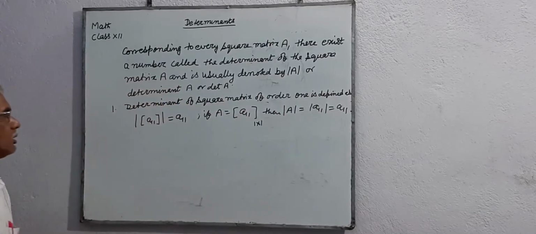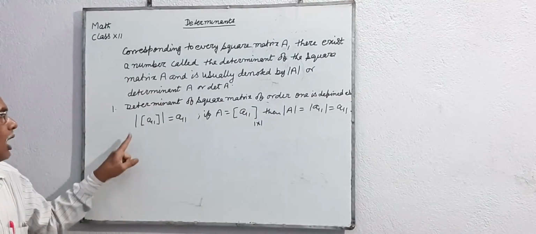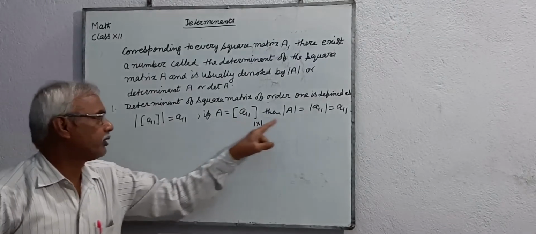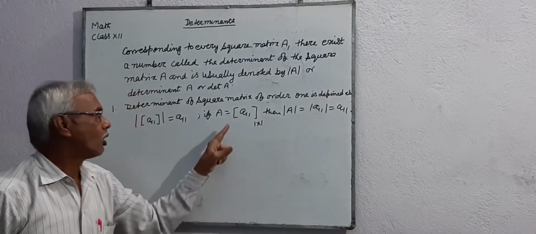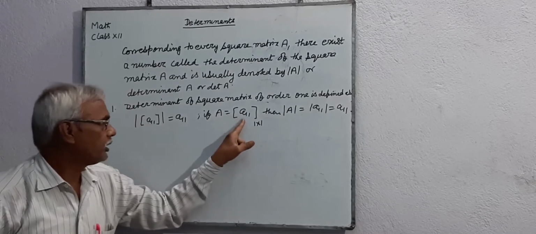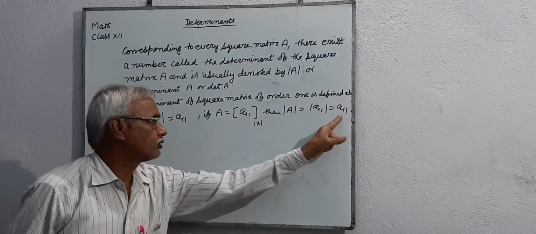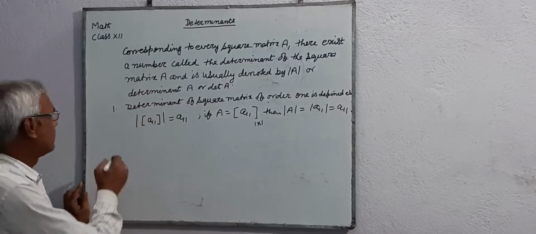That means the determinant of a square matrix of order 1 has the value of that element A11, not its sign. Determinant of A equals A11.